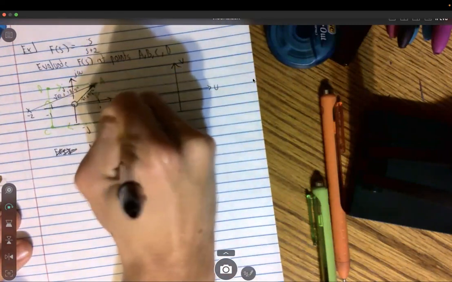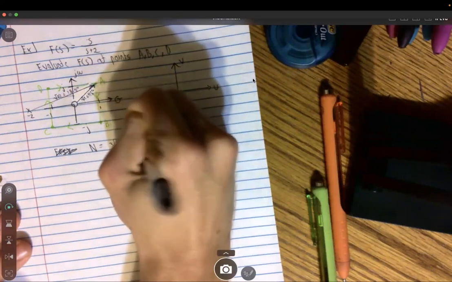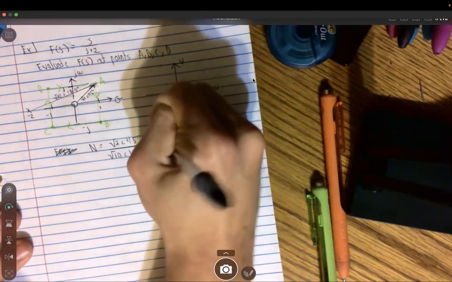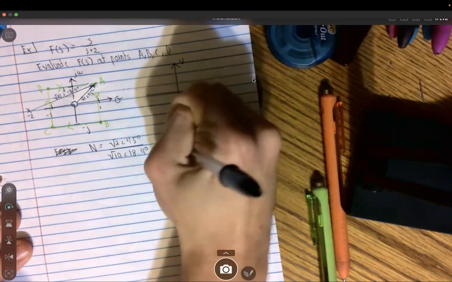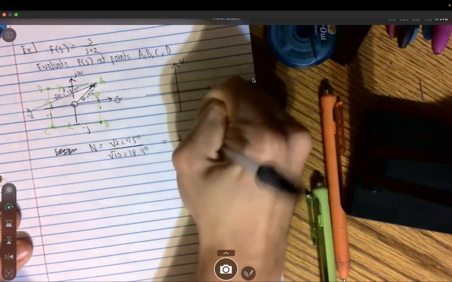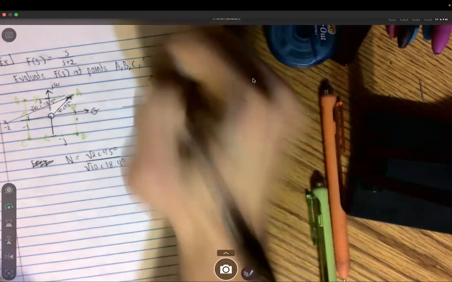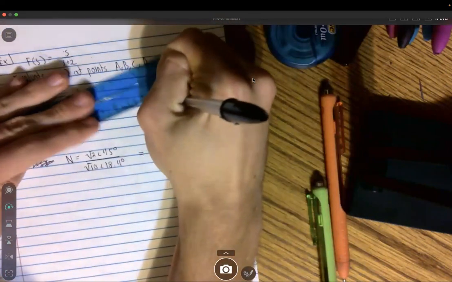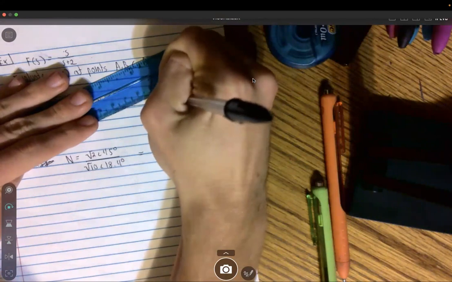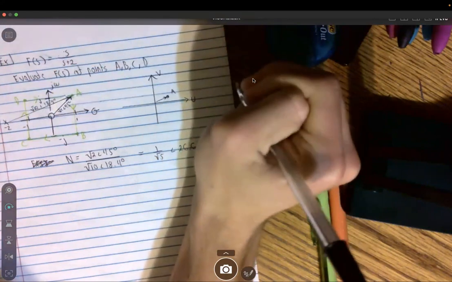Rad 10 angle 18.4 degrees. And so when you solve this, it's going to be 1 over rad 5 angle 26.6 degrees. And so that's what we're going to see here is if you make that vector, it's going to be right around here for your A.